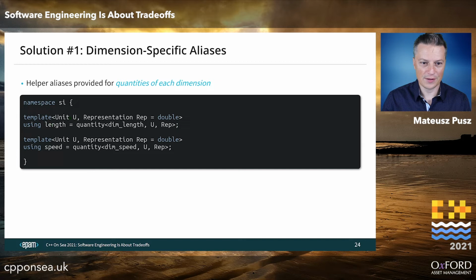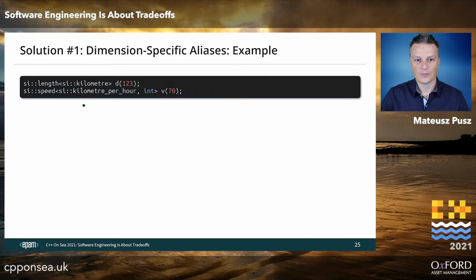So for example, I have an alias template that sets dim_length for the alias length and dim_speed for the alias speed. And the unit and the representation type are still provided by the user. So if you want to create a length in kilometers, you spell it like this. If you want to have a speed in kilometers per hour with the integer representation type, you provide it this way.